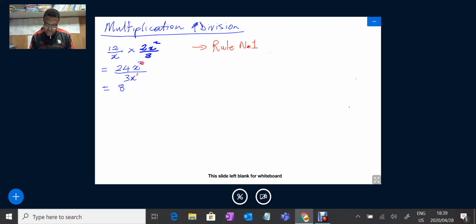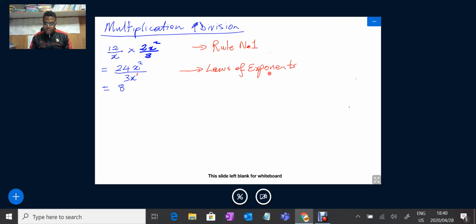And then here, what do we do? I now see another rule which we have dealt with in the previous lectures. I see laws of exponents.